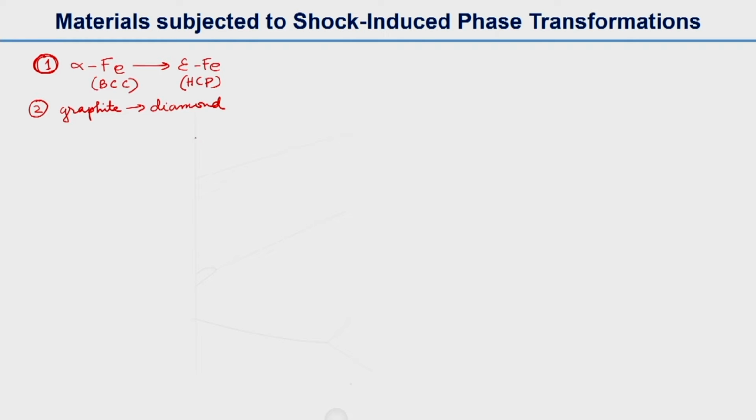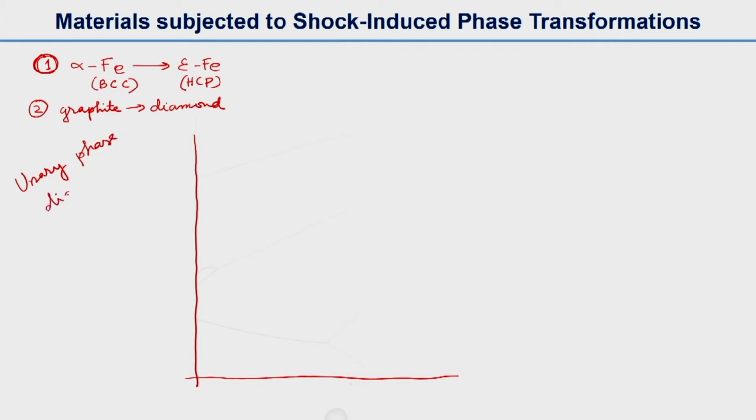In a previous class we already showed the unary phase diagram of iron, Fe.